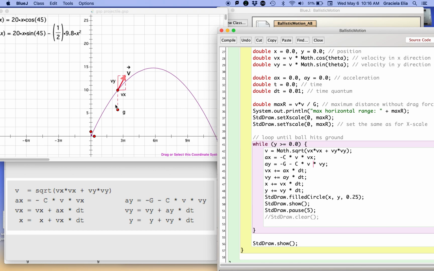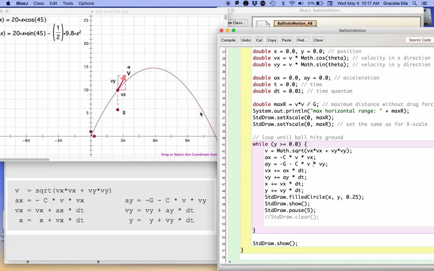And if you looked at the video I showed you, Vy is going to get smaller and smaller until it gets to 0 when it's at the top. And then it reverses direction. It's going to be pointing down because the ball is actually coming down. First, it was going up, and so Vy was pointing up.